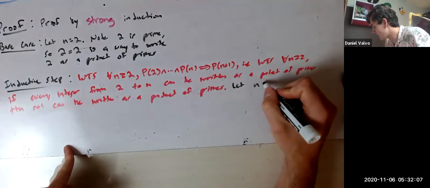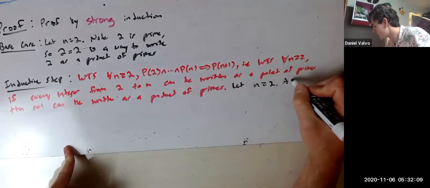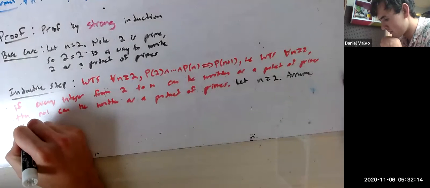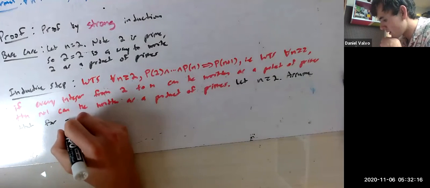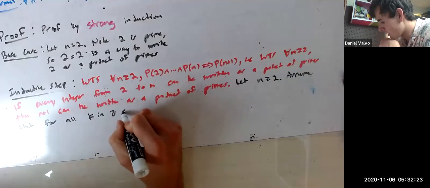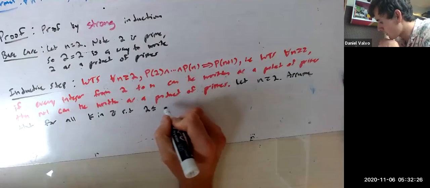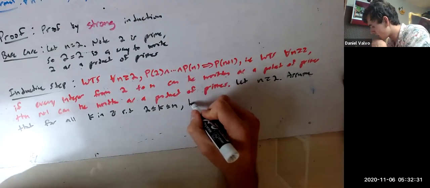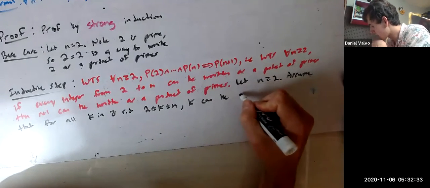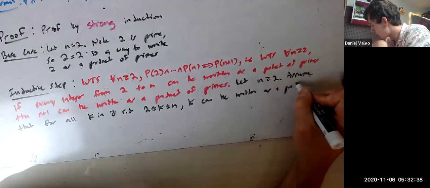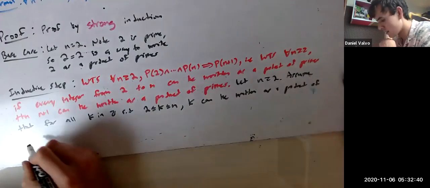Let's go ahead and let n be greater than or equal to 2, and assume that for all k in Z, such that 2 is less than or equal to k, less than or equal to n, k can be written as a product of primes.